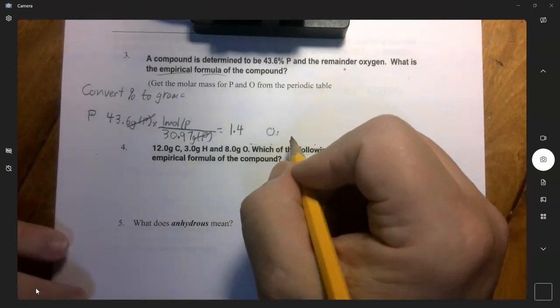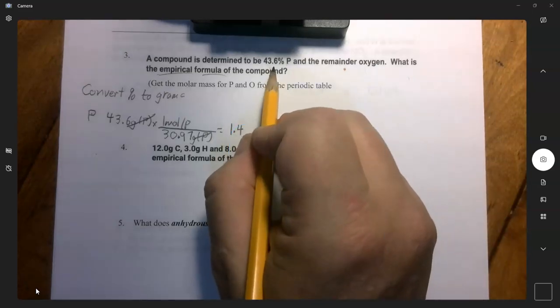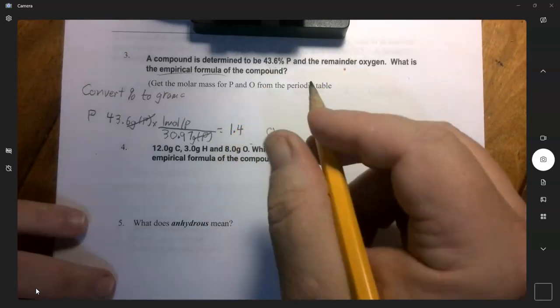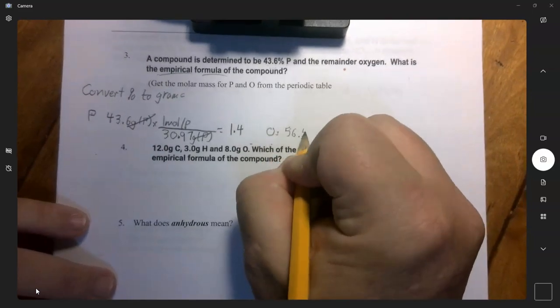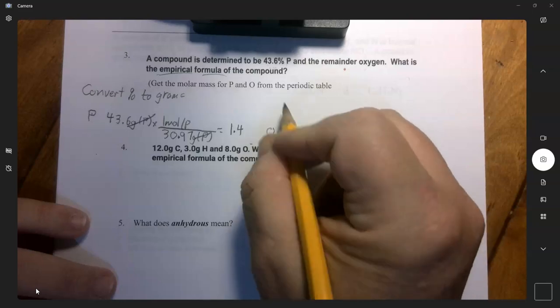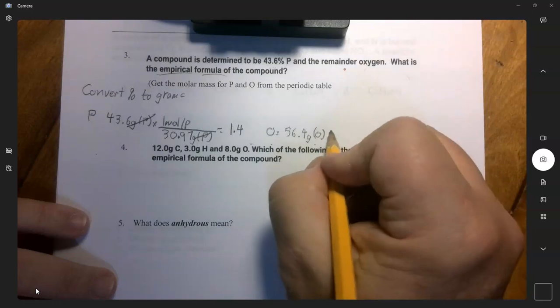So oxygen, we're going to say the remainder is oxygen. So 100 minus 43.6 will give you the percentage of oxygen, which is 56.4 grams. So they have to add up to 100 because it's a percentage.